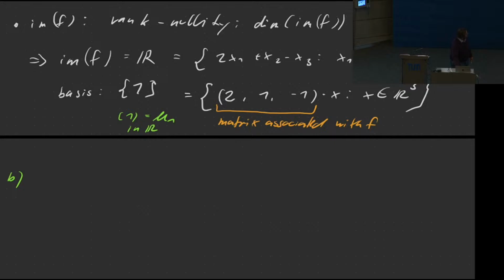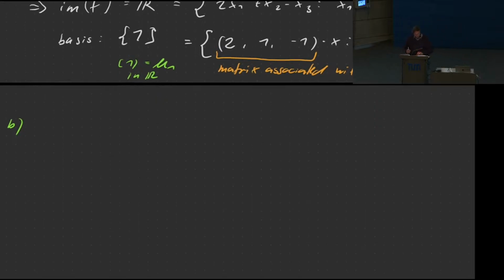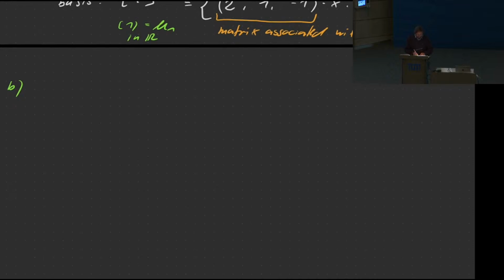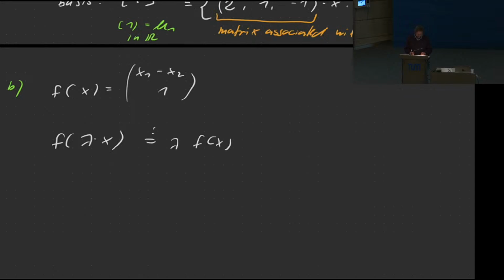Maybe just a quick look at why this is not a linear function. So f of x is x1 minus x2 and 1. Why is this not linear? Well, basically pick any of the properties. Maybe I'll first have a look at the second one, f of lambda x. Remember that should be lambda f of x for every x and every lambda.